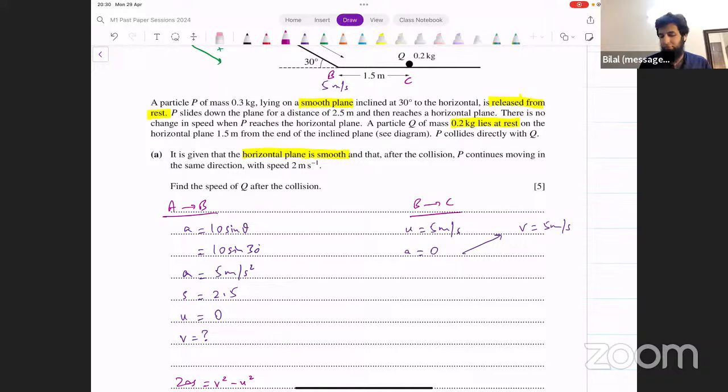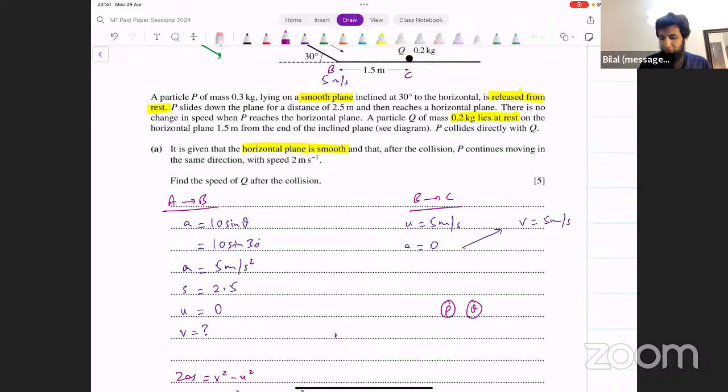So you can think of P and Q colliding now. We have P here and we have Q here. They're colliding with each other. What do we know about the collision? As in, what do we know about before collision and after collision? Before the collision, P is moving towards right, towards Q at a speed of 5 meters per second.